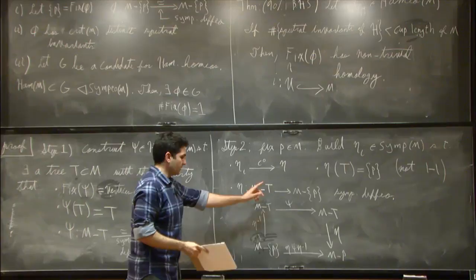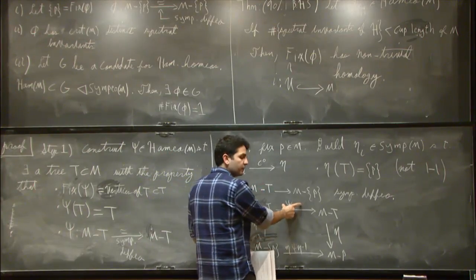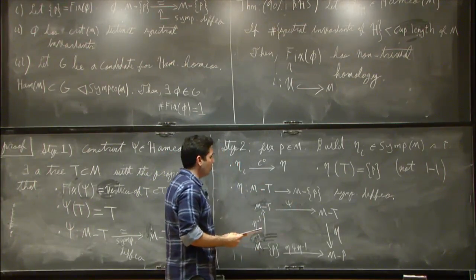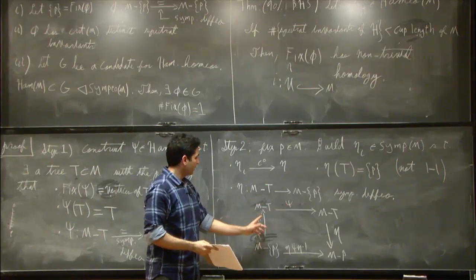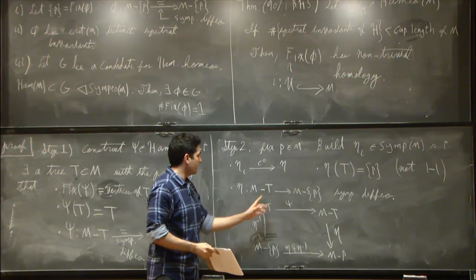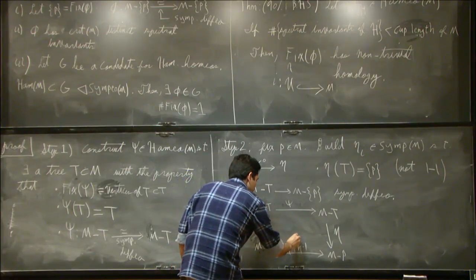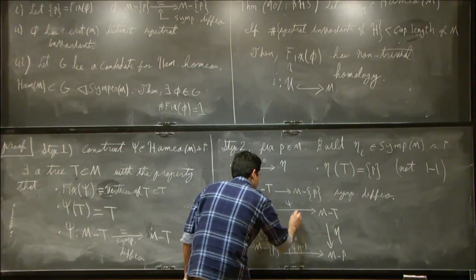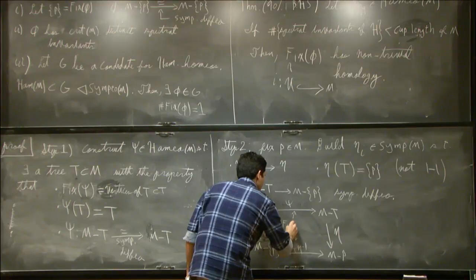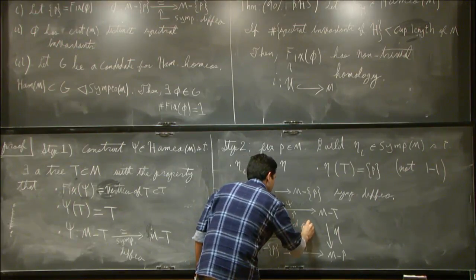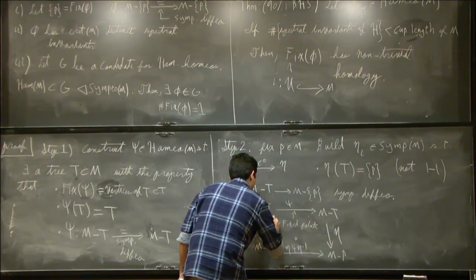Right? It sits in this nice diagram. This map is fixed point free. This was the point of the invariant tree, because I put all the fixed points of this map psi on T. So on the complement, there are no fixed points. So that tells you this map is fixed point free. So these two maps have no fixed points.